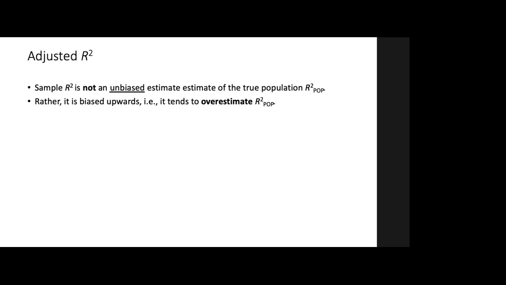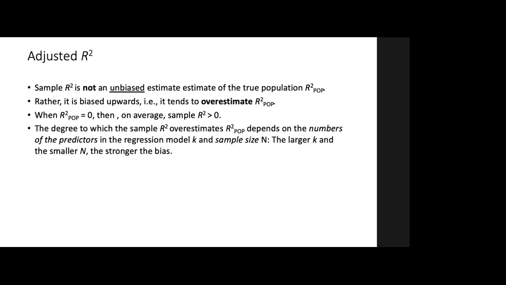What we estimate from our sample, our explained variance in the sample, tends to be an overestimation. So our population parameter is normally smaller. That means when our true population parameter is 0, then on average our sample R squared will be greater than 0.